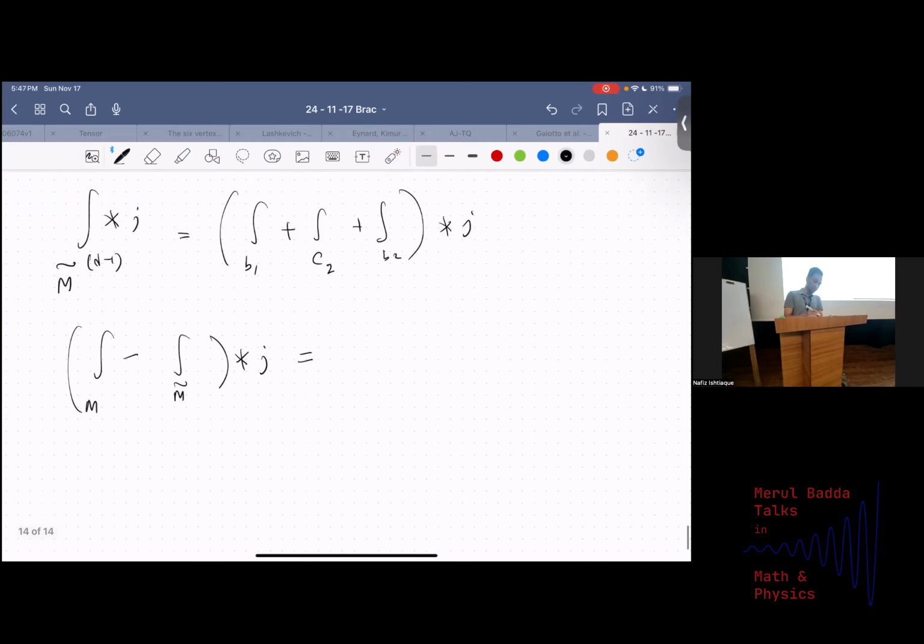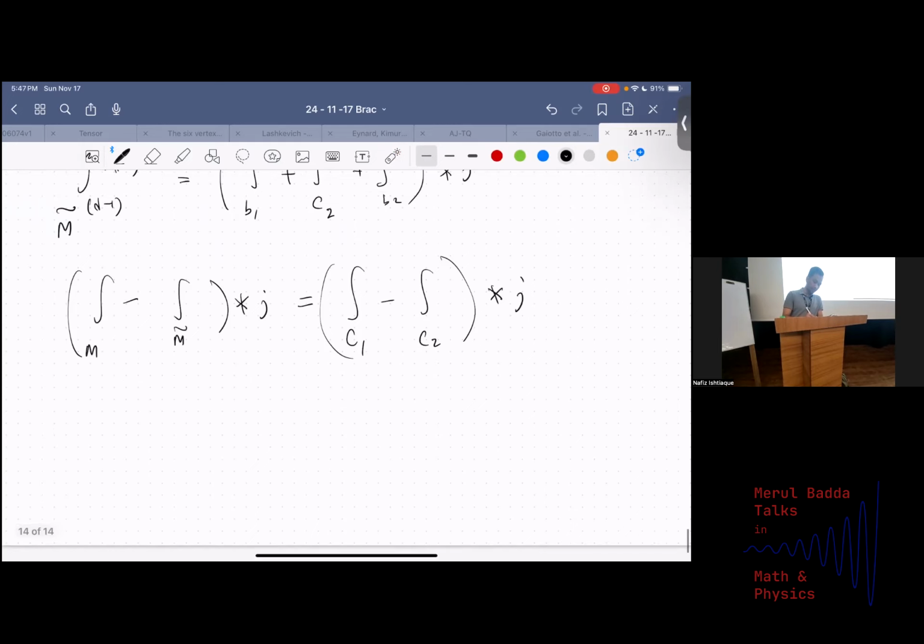So here what you find is that this was the difference between C1 minus C2. In other words, it's a closed integral over this segment of star J, right?